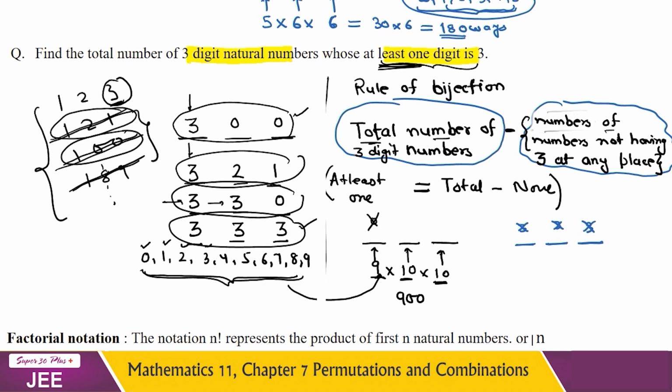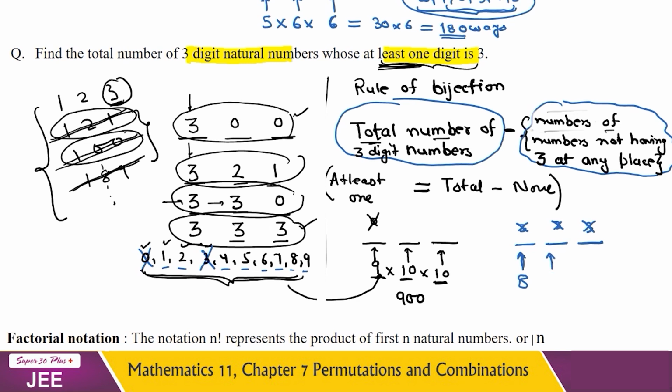So the first place can be filled by how many options? For the first place, I cannot use 0. I cannot use 3 because 3 must not occur at any of these places. So for the first place, I have 1, 2, 4, 5, 6, 7, 8, 9 as options. So this can be filled in 8 ways.